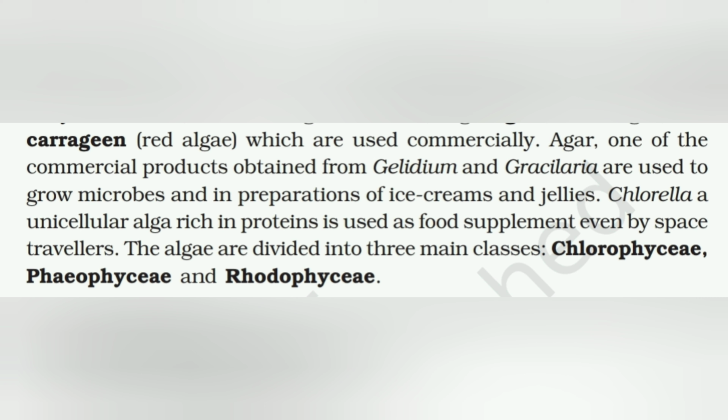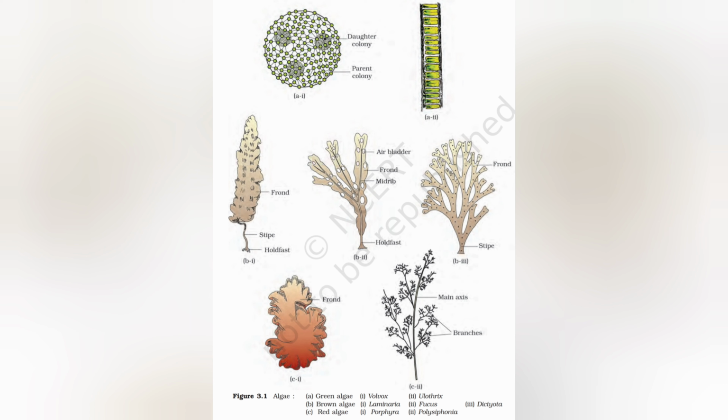Agar is also one of the commercial products obtained from algae Gelidium and Gracilaria, which is used to grow microbes in laboratories and in preparation of ice cream and jellies. Chlorella, a unicellular alga, is also rich in protein and is used as a food supplement even by space travelers. The algae are divided into three main classes: Chlorophyceae, Phaeophyceae, and Rhodophyceae. We will study the classification of algae in the next lecture.